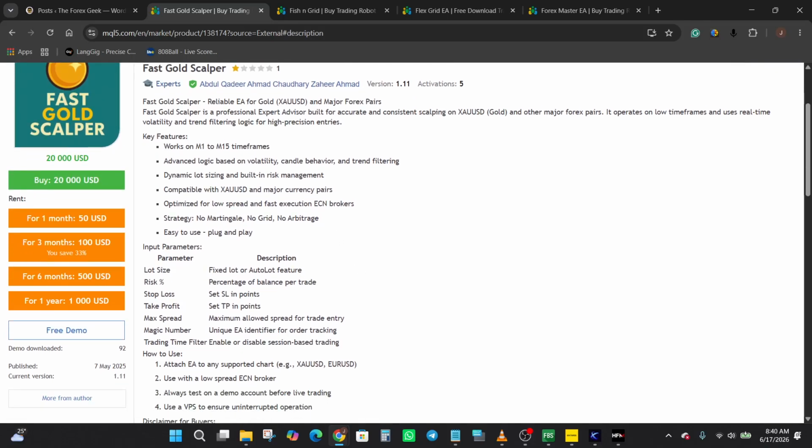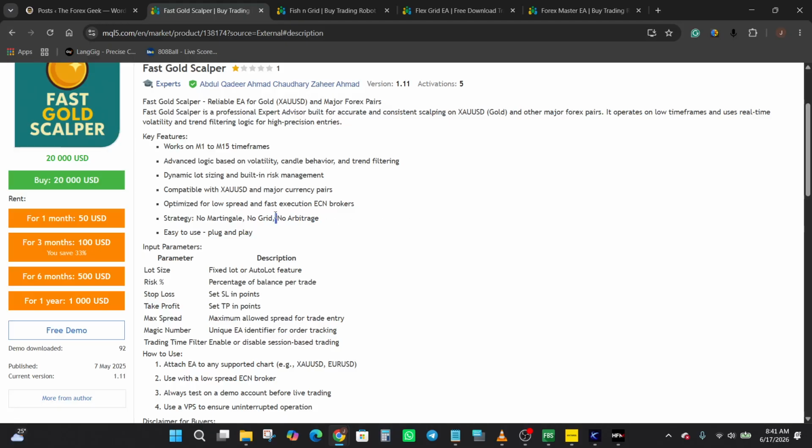One point worth noting is that the developer specifically states that the strategy does not use martingale, greed, or arbitrage techniques. So for traders who prefer systems that avoid those approaches, that is an important detail provided directly on the product page.